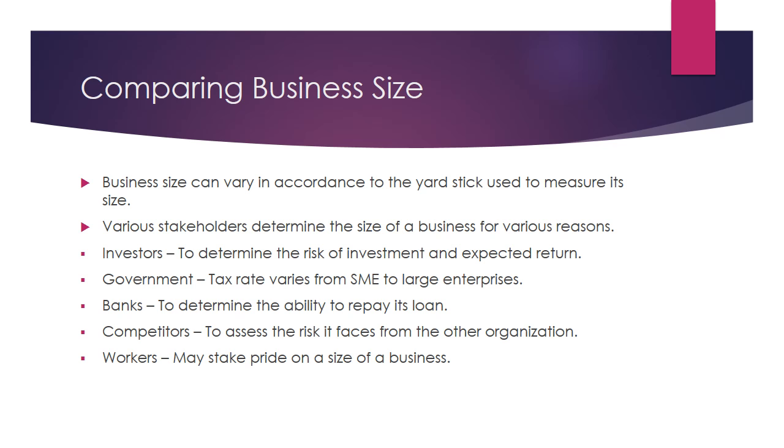The government is also involved in determining size, because normally tax rates are dependent on the size of your business. So that could be on your revenue, or that could be on other rules set by the government tax code. Banks also try to understand whether you would be able to repay a loan, or whether there are assets that could be sold in order to pay those loans back.